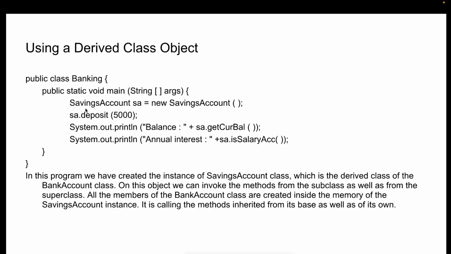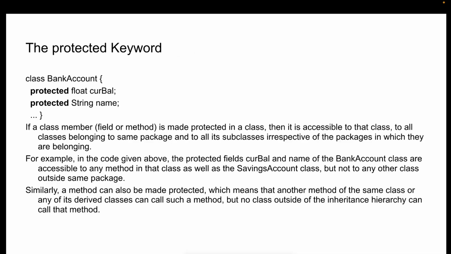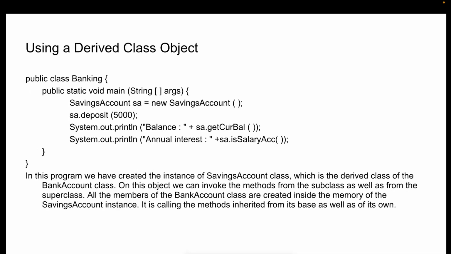This is the beauty of the inheritance concept. Whatever methods were in the parent class are already available to the child class. It allowed me to reuse the code which I had already created in the parent class. This is what we can achieve by inheritance.